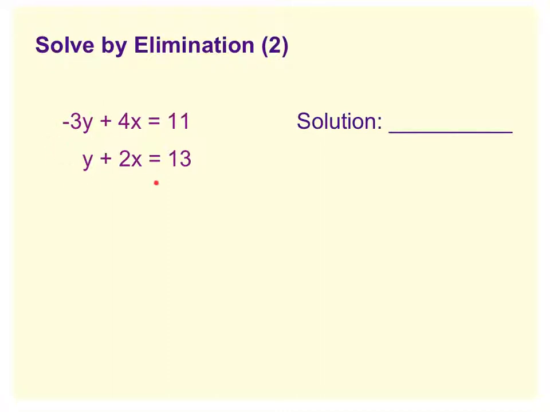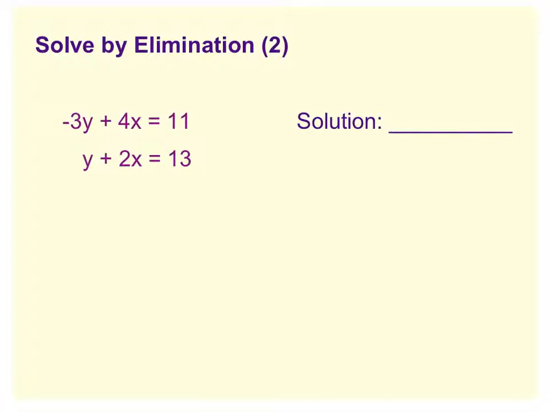Just to recap, solve by elimination means we are going to take this system, figure out where these lines cross, and use elimination. That means add the equations together. So we add the y's, we add the x's, the equal sign comes down, and we add the numbers on the end. We want to eliminate either the x's or the y's.